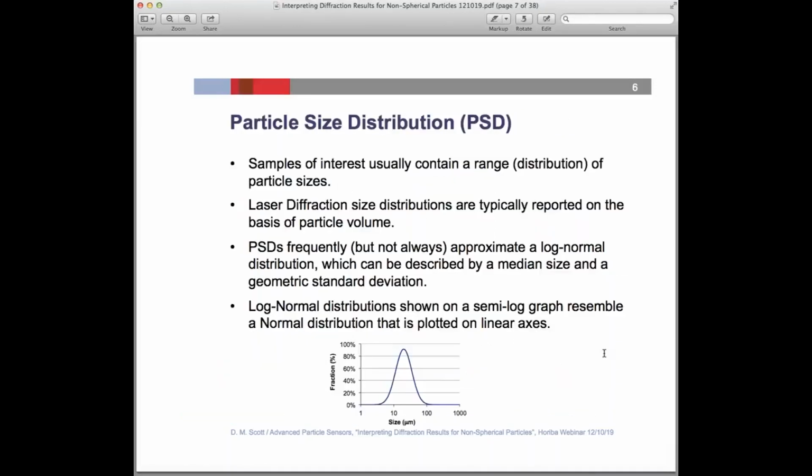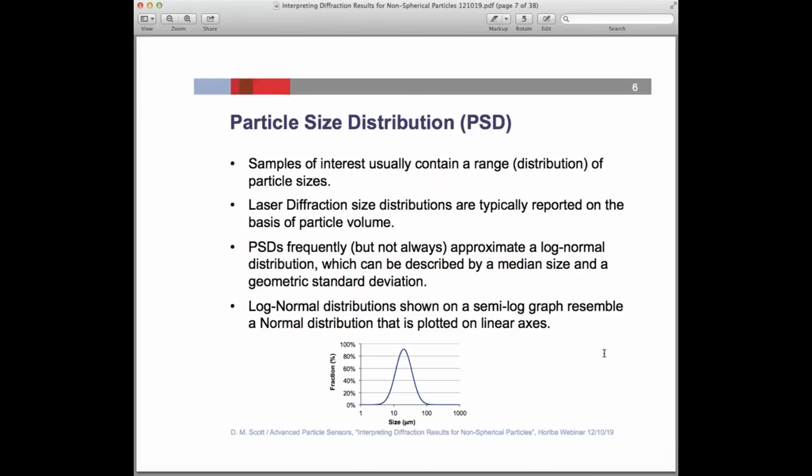And what you get out, of course, is a particle size distribution. We know that typically, if you have an interesting sample, it typically has a range of particle sizes, and we call that the size distribution. Laser diffraction size distributions are typically reported in terms of the particle volume. So we talk about a volume-based measurement.